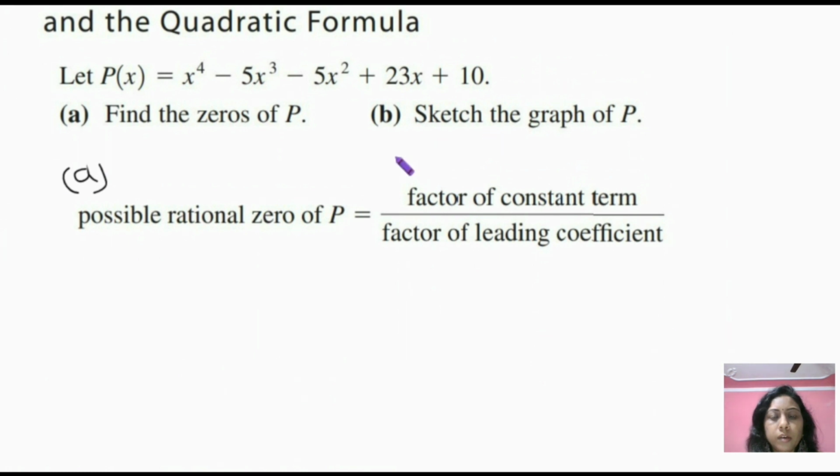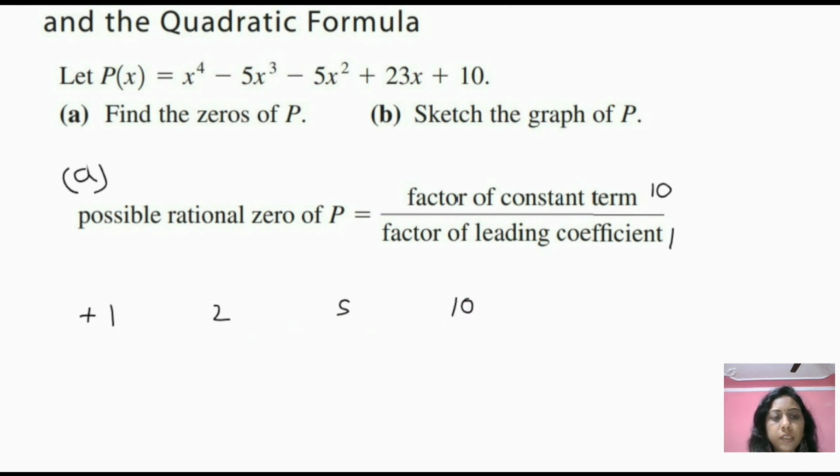so here the factors of the constant term are the factors of 10, and the factor of the leading coefficient is 1. The leading coefficient of p is 1, so all the rational zeros are integers. So the possible rational zeros of p come from the factors of 10: 1, 2, 5, 10.